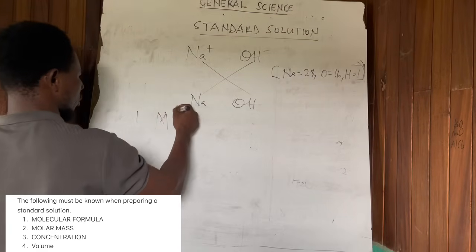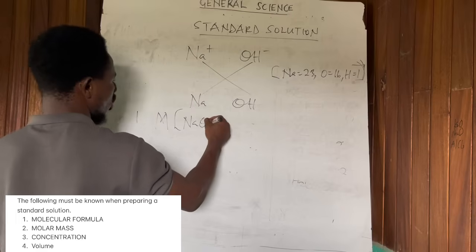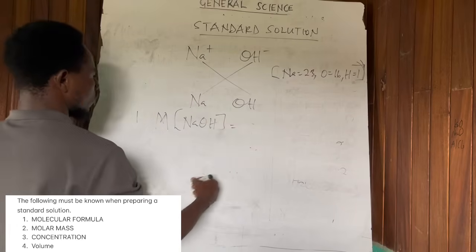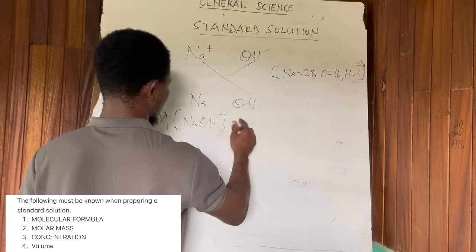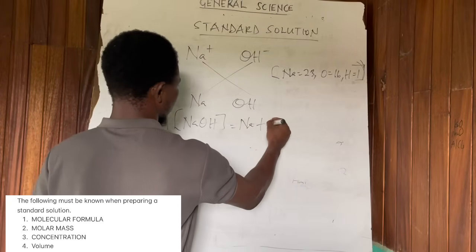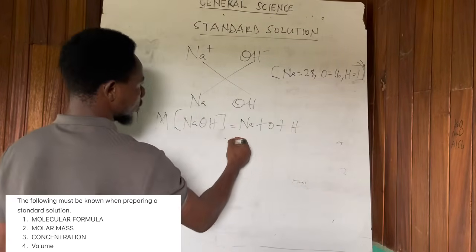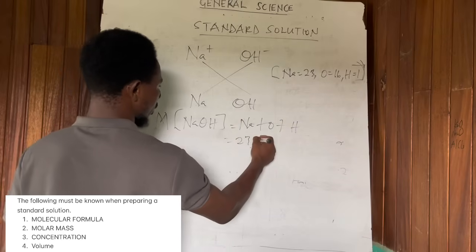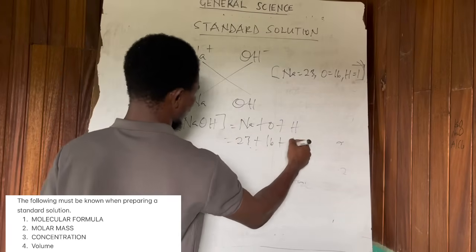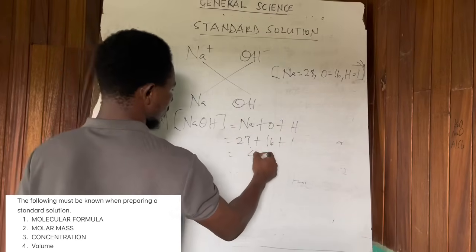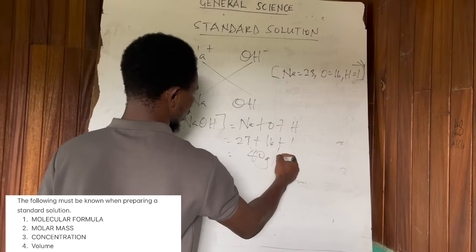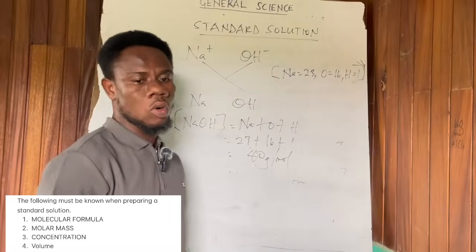So molar mass of NaOH, you calculate it as sodium plus oxygen plus hydrogen. Putting in the values, 23 plus 16 plus 1, then you get 40 grams per mole.